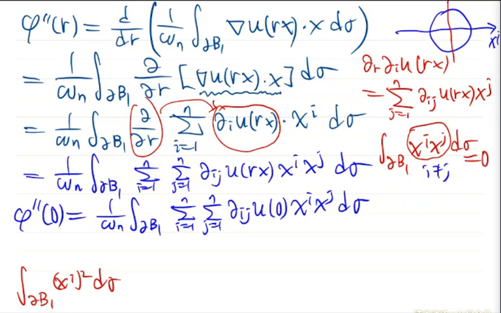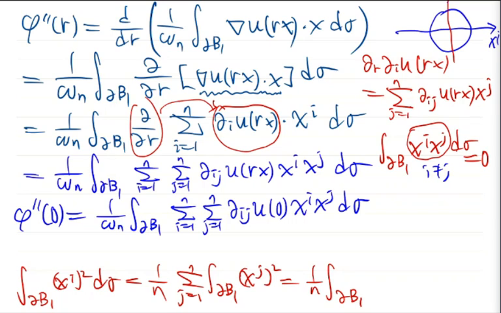So using this result, this is the sum of the integral of x_j square, j from 1 to n, because every term of this sum equals the integral of x_i square over the unit sphere. But this is just 1 over n, integral over B_1, the sum of x_j square, j from 1 to n. But on the unit sphere, the sum of x_j square is 1.